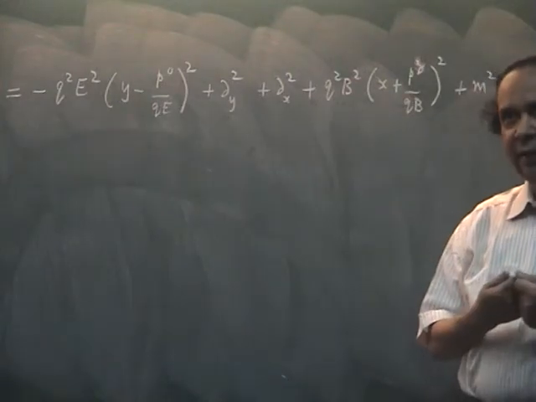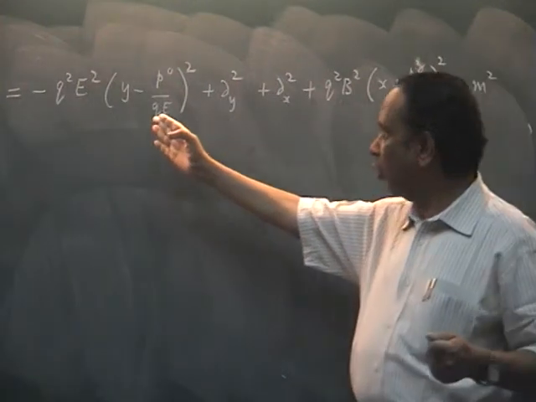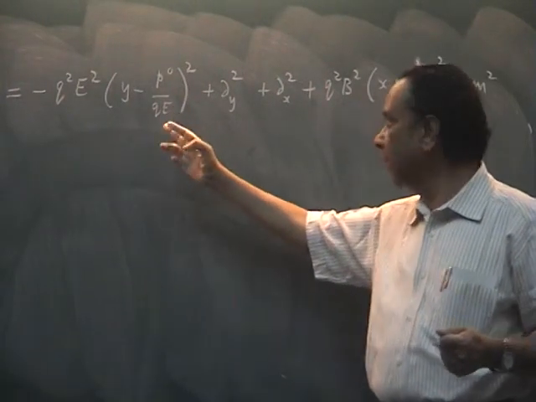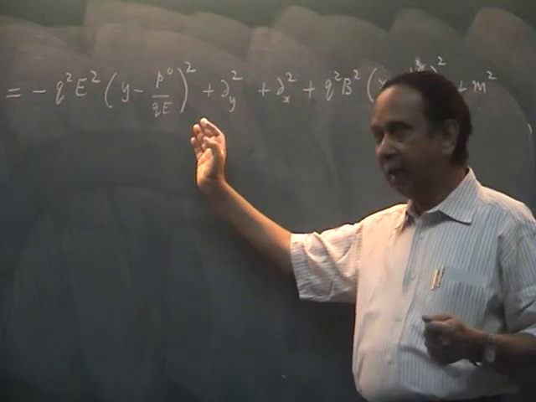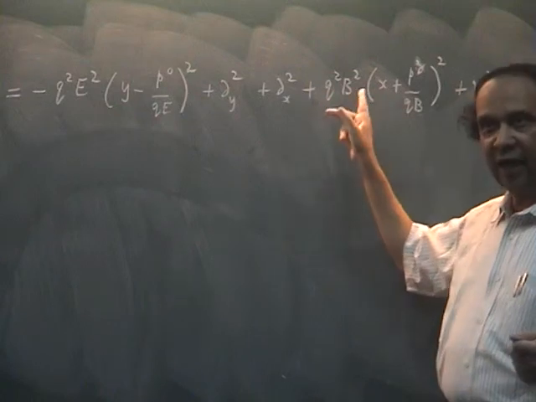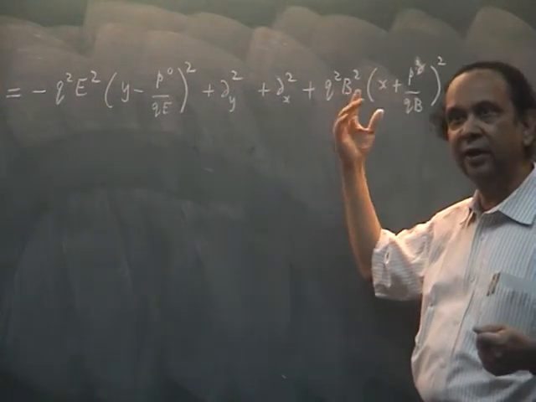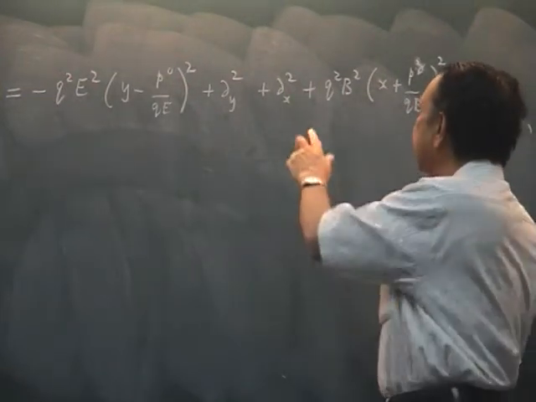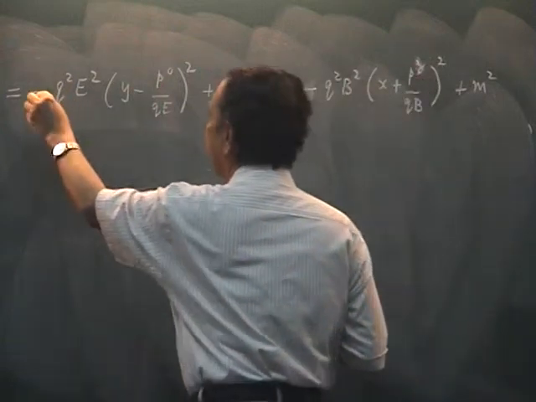What will happen is that this is clearly a quadratic in the coordinates. So you are going to have a harmonic oscillator in the y direction and a harmonic oscillator in the x direction. One of them will have the correct signs, and I happen to know that the magnetic field will come with the correct signs. Okay, so this should be minus here because this should have overall minus sign, and this should be plus.